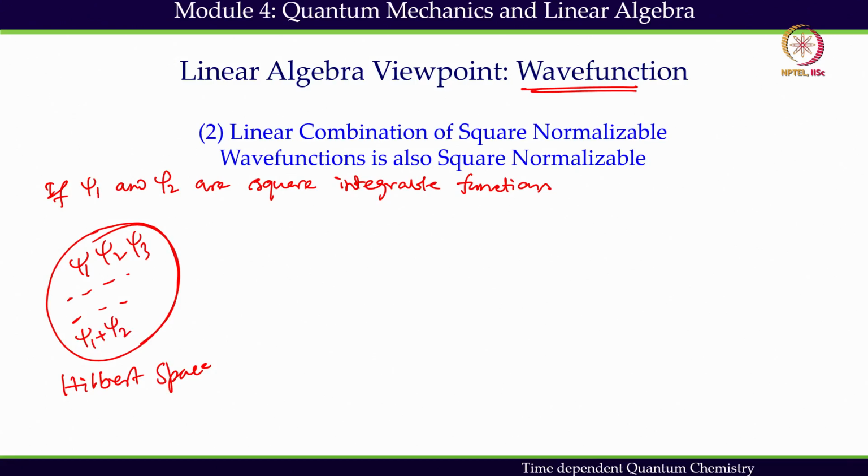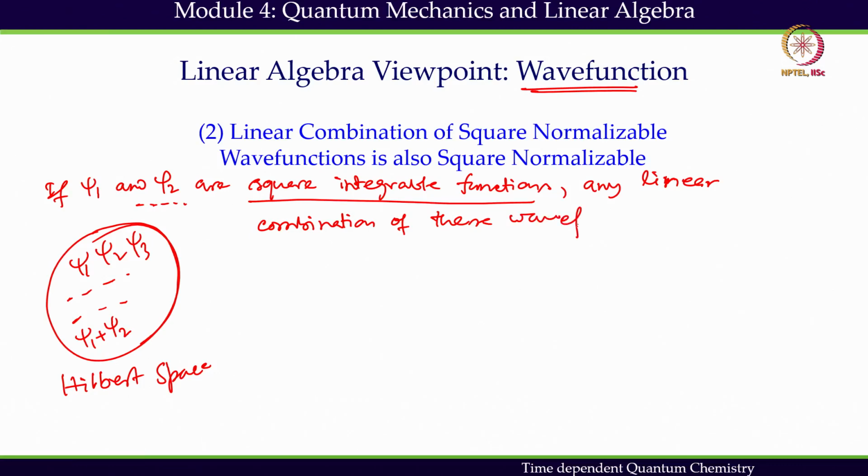So, if psi 1, psi 2 dot dot dot many other functions, all square integrable functions are living in the Hilbert space, any linear combination of these wave functions are also square integrable, square normalizable.